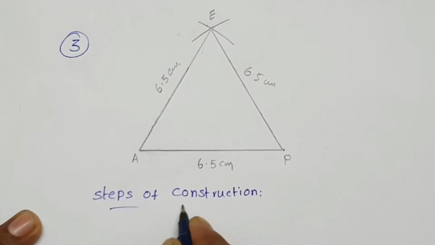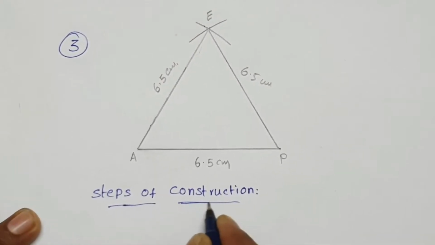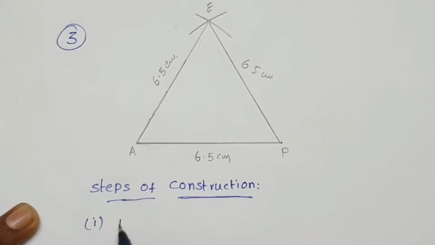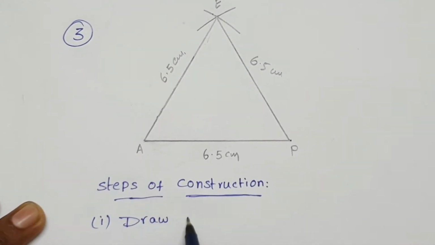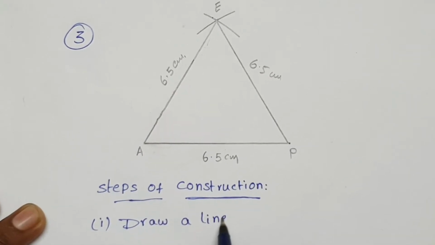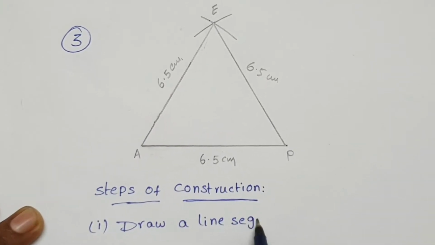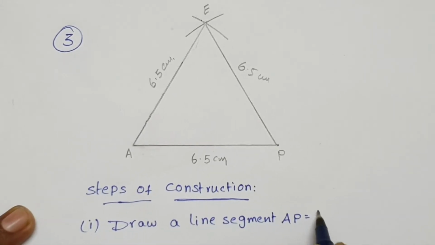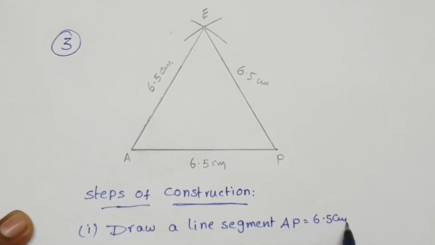So first point, draw a line segment AP equal to 6.5 centimeters.